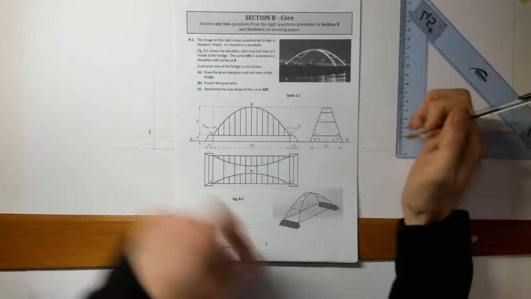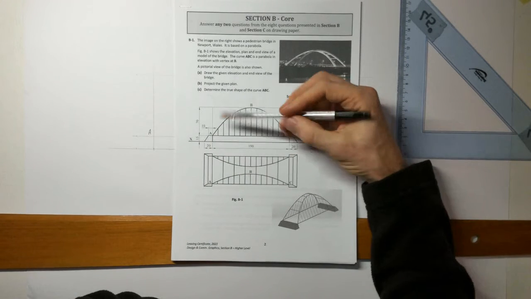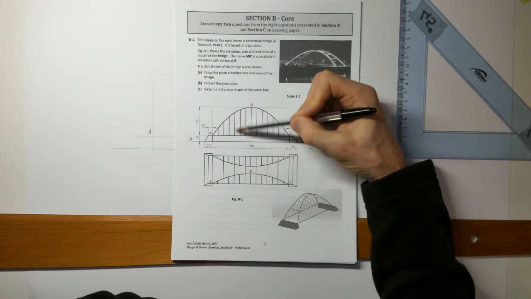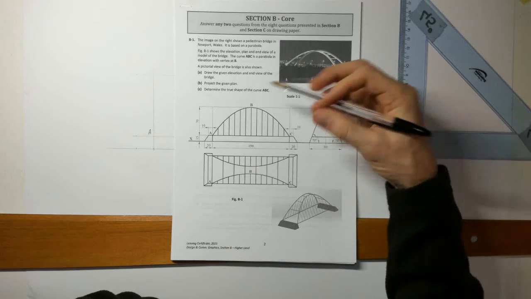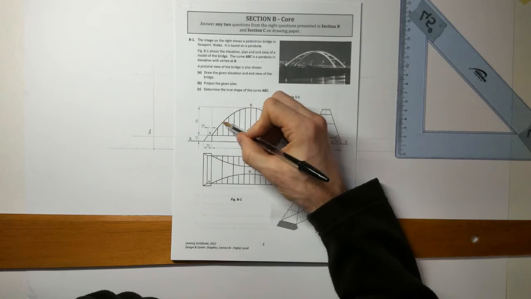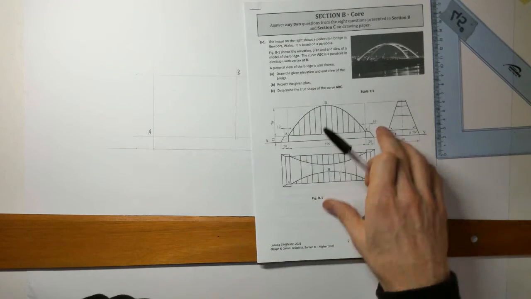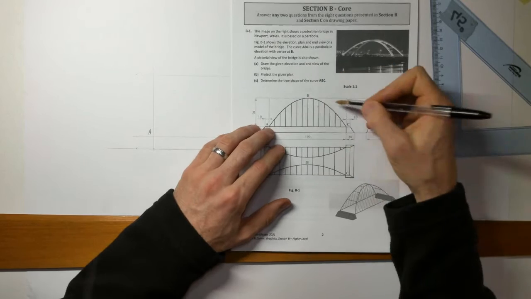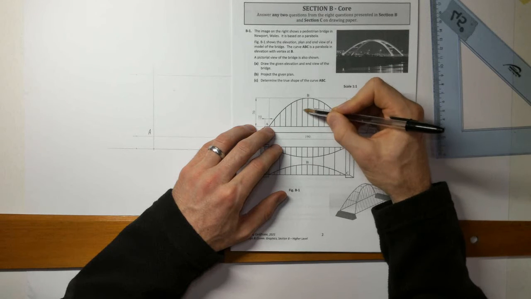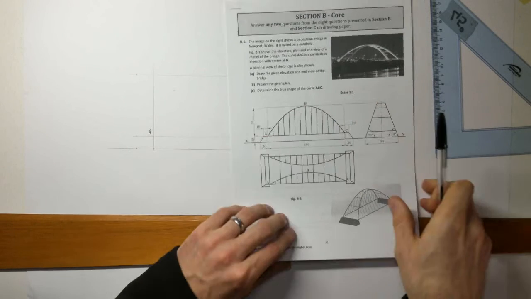Now, to make life a little bit easier for me, I can see that there's these divisions that need to be done with this parabola. And so just to find those points exactly, I'm going to divide up my rectangular shape that contains the parabola into those divisions. So we've got 1, 2, 3, 4, 5, 6, 7 divisions.